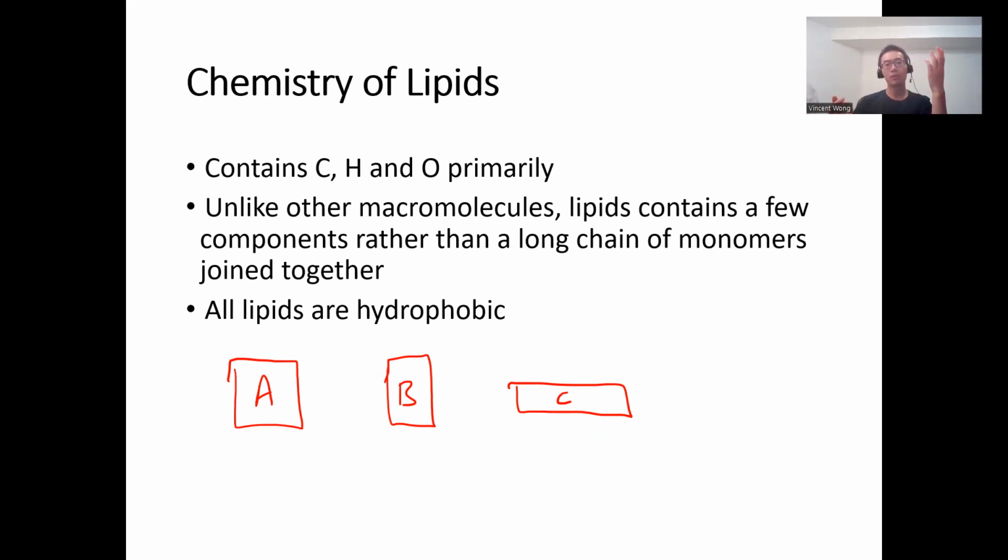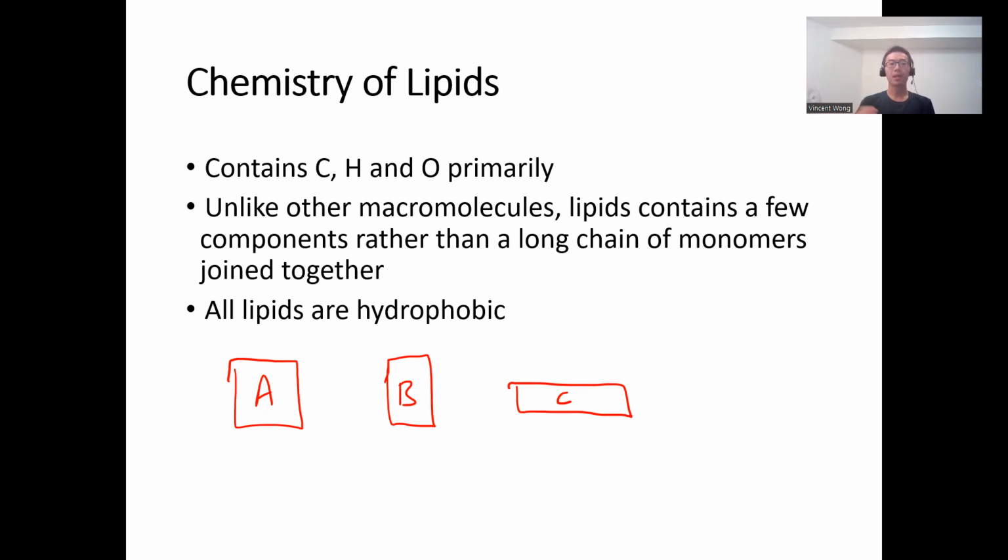If I want to build phospholipids, I would take 1 of A, maybe 2 of B, and then 1 of C, and then I would get the phospholipids. So it's not the same thing repeated many hundreds and thousands of times like the other 3 kinds of macromolecules. For this one, it's just a couple of components. You pick and choose what you want, and then you put it together, and that's it. So in that sense, it's not a long chain joined together.